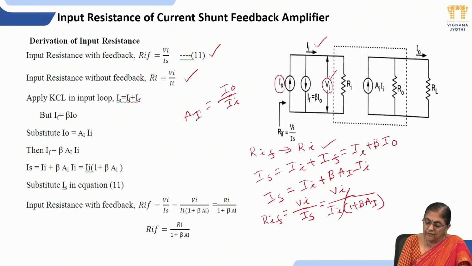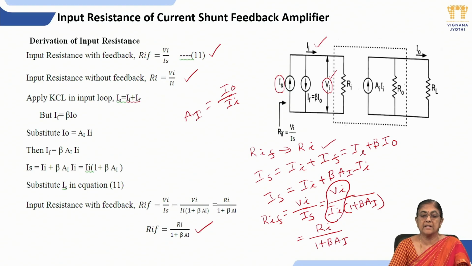So instead of VI by II, you can write down RI. Therefore, RIF is RI by 1 plus beta AI. So this is the final expression for input resistance with feedback.